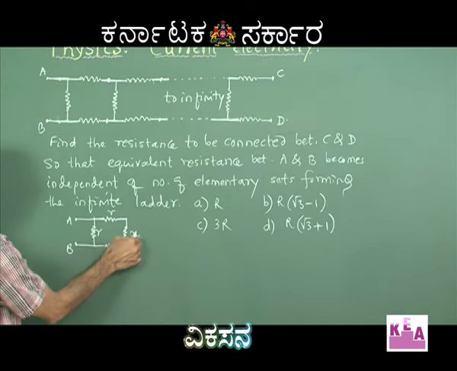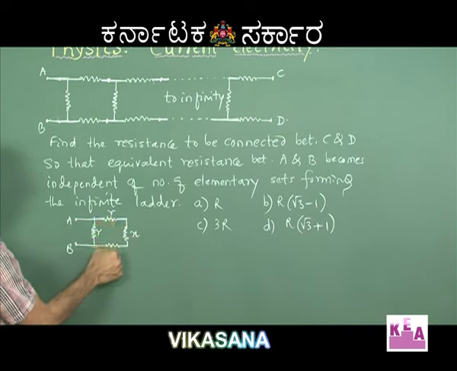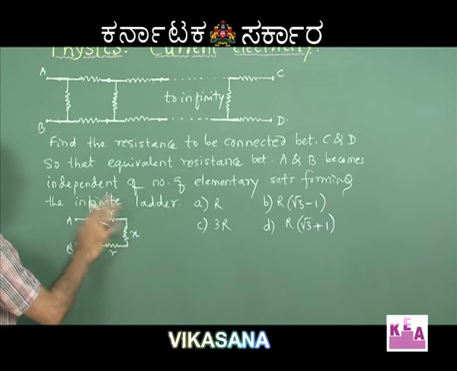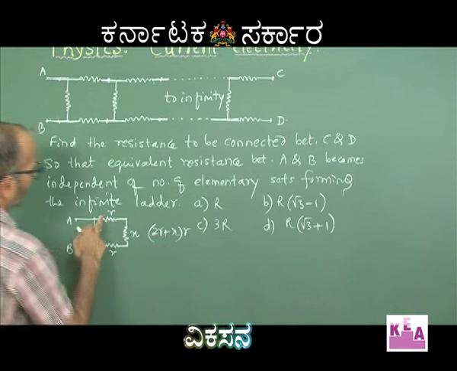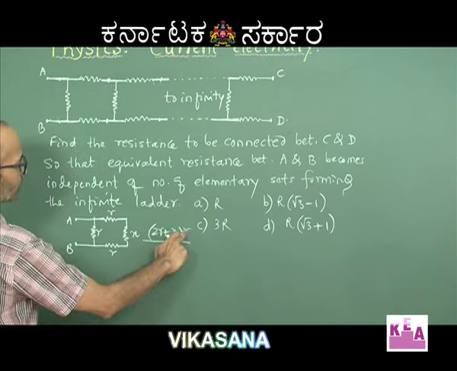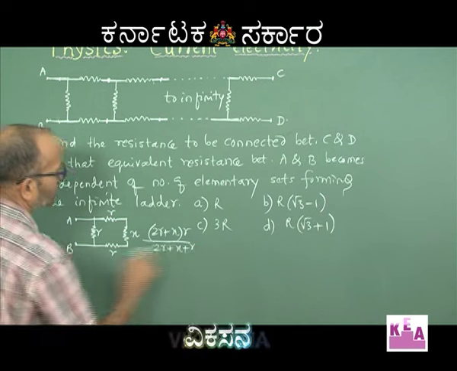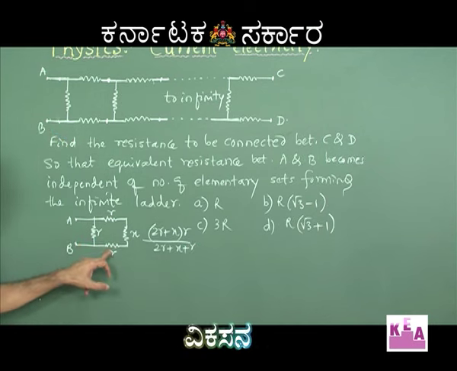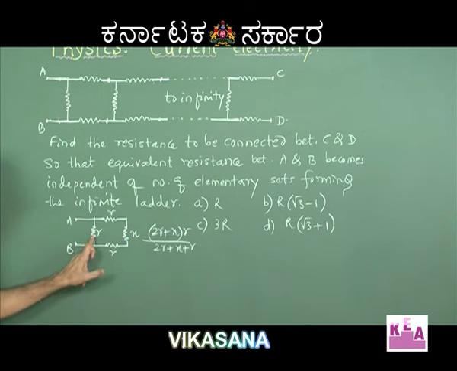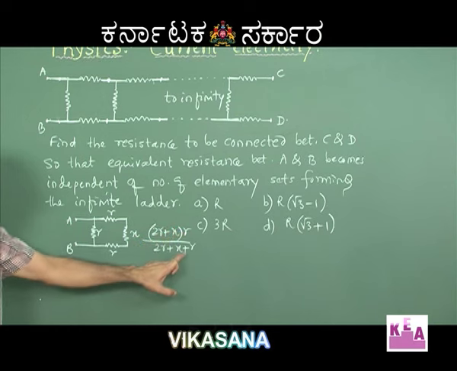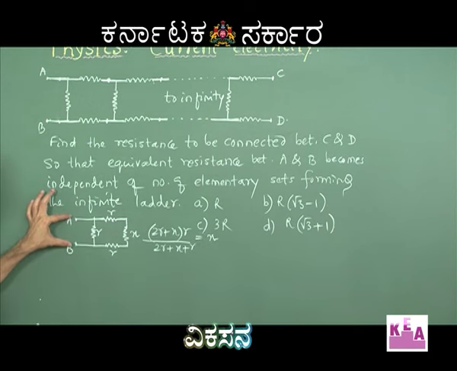So, now this R, X and R are in series, making us 2R plus X, and the 2R plus X and R are in parallel. So, (2R plus X) into R divided by (2R plus X plus R), and this is equal to X, because that is the equivalent resistance between A and B.